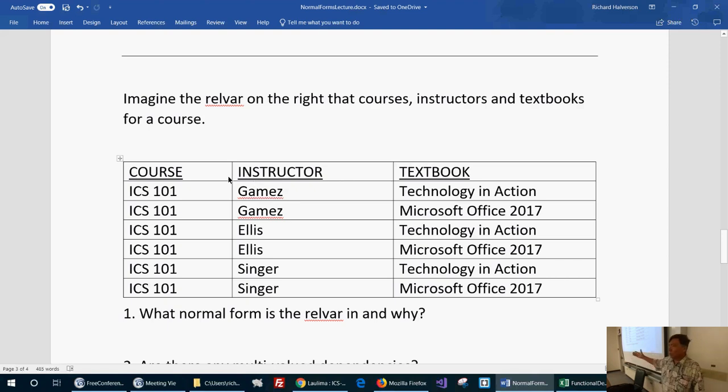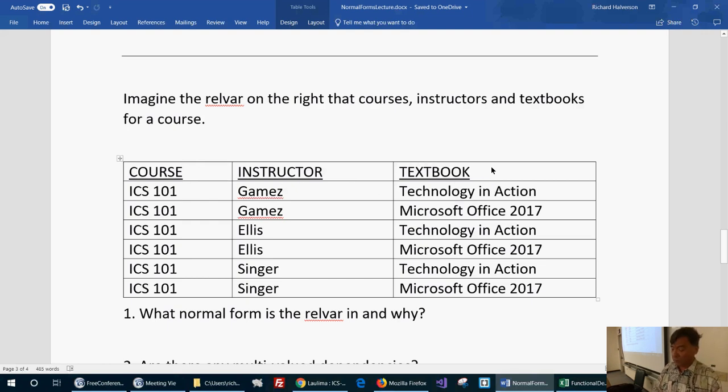This is information that you may want to have and keep, but you can't really break this. This is in fourth normal. This is in BCNF. This is like what they call an all key relation. The course plus instructor cannot be just the primary key.